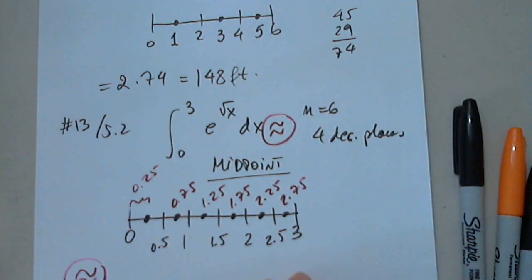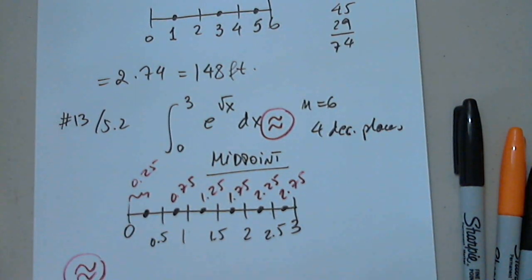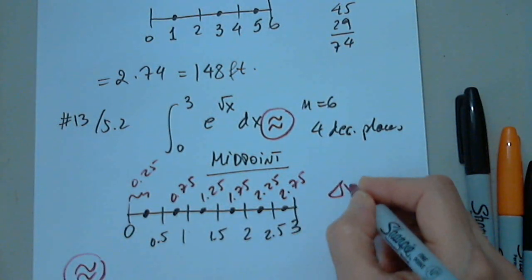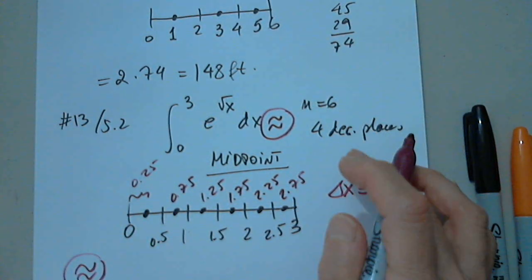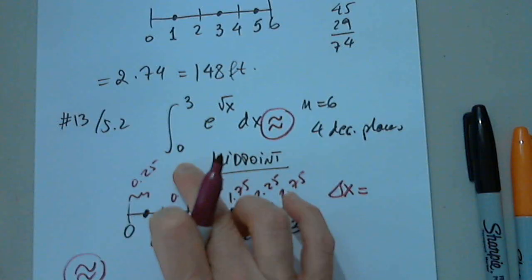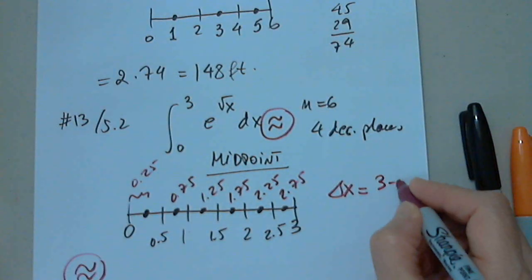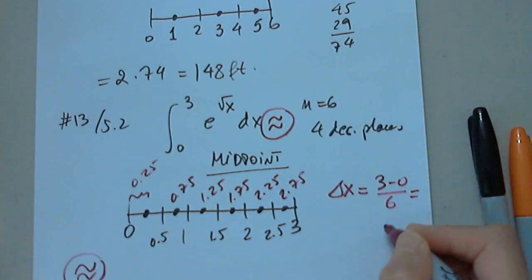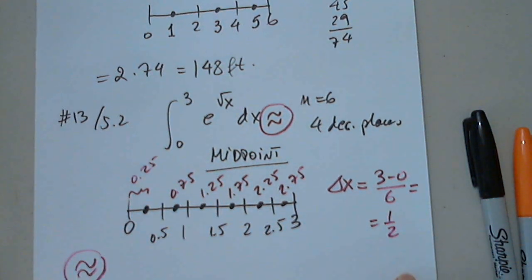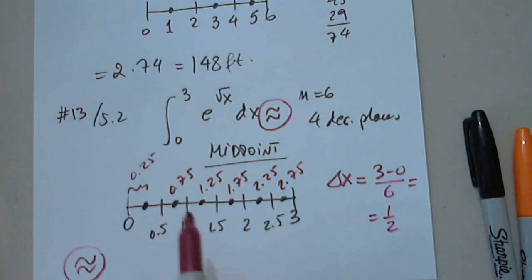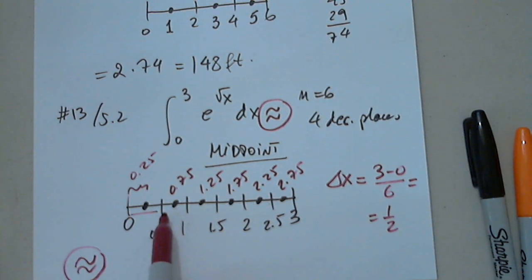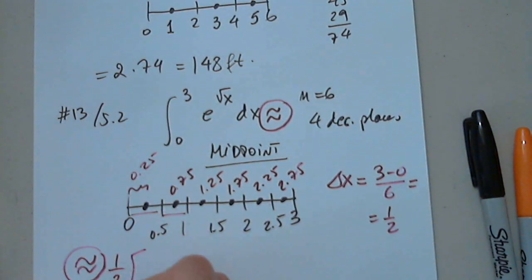So now this will be approximately, jumping over all these calculations or explanation, this will be, remember we have to have delta x in front. Delta x is 3 minus 0 over 6, so this is 1/2. That's the base. So we keep a 1/2 in front.